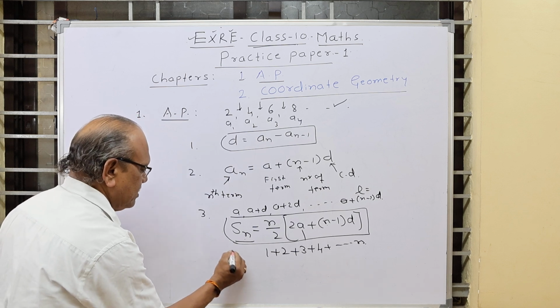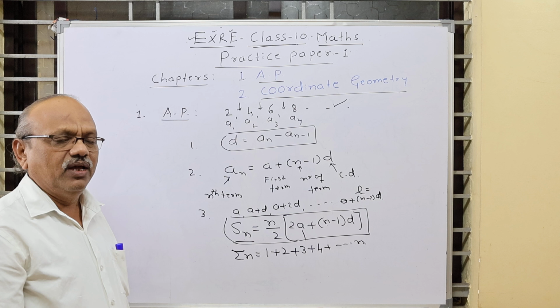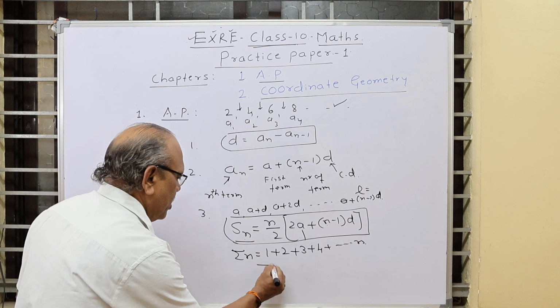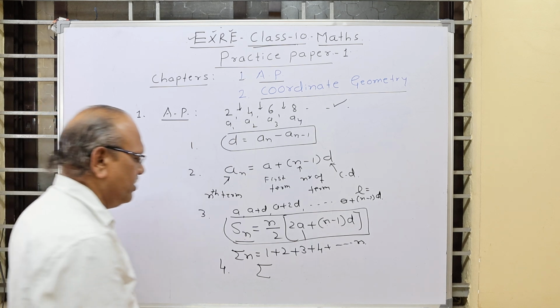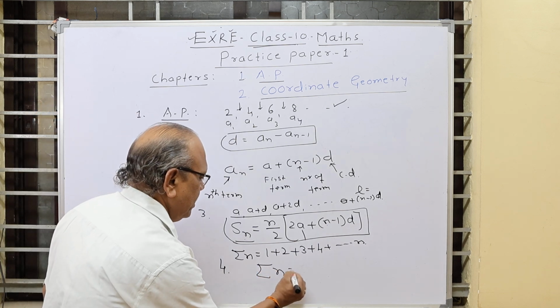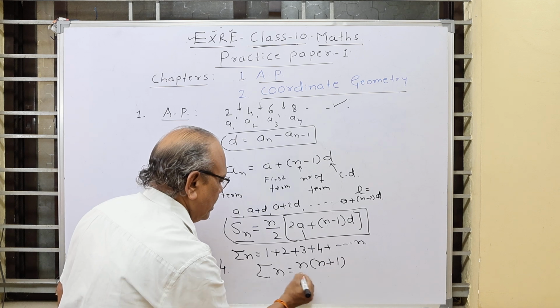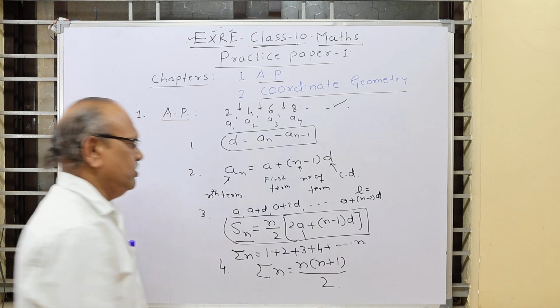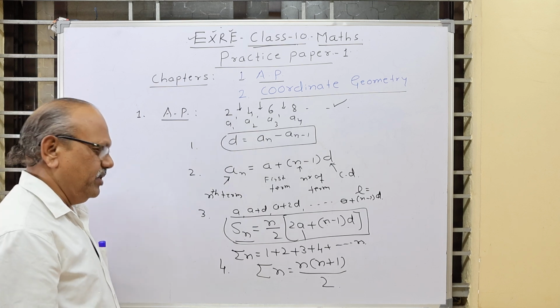We call this the sum of the first n natural numbers. We represent it by the symbol sigma n. The fourth important formula, to find the sum of the first n natural numbers, is given by n into n plus 1 upon 2. This is the fourth important formula in the chapter AP.